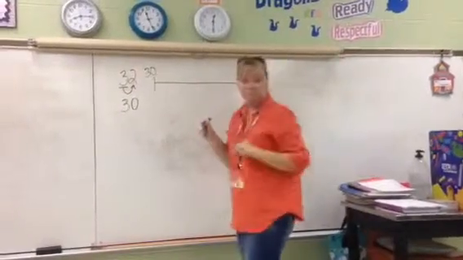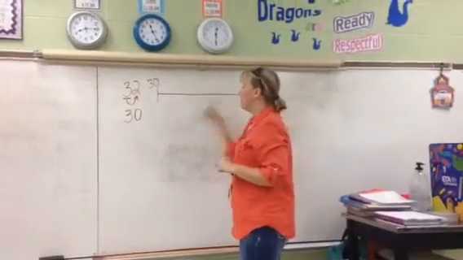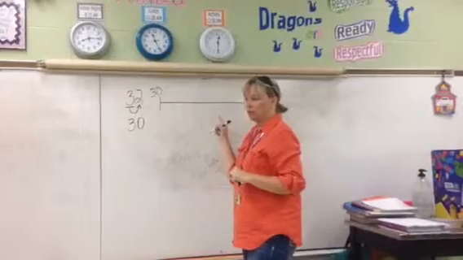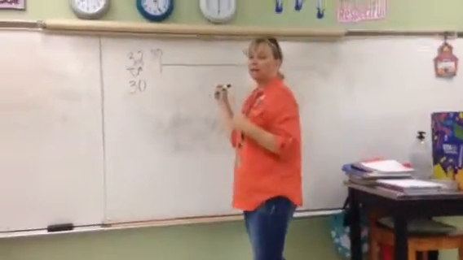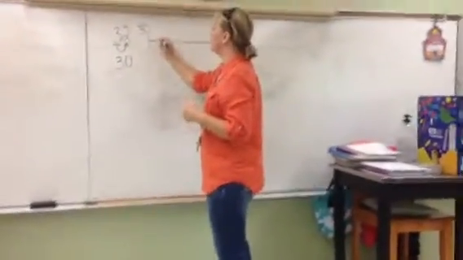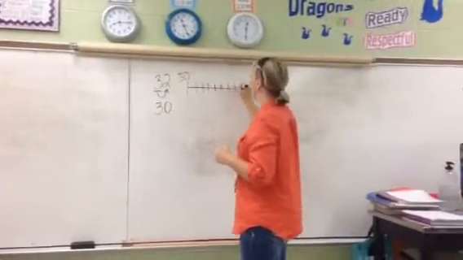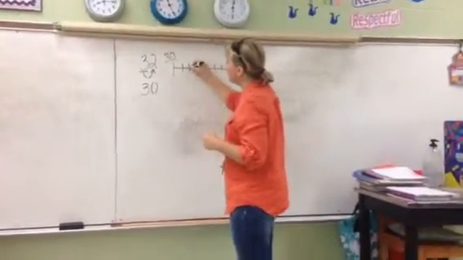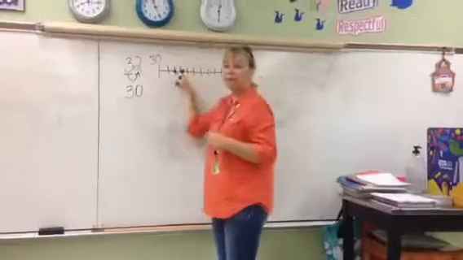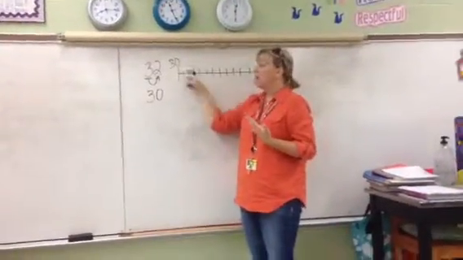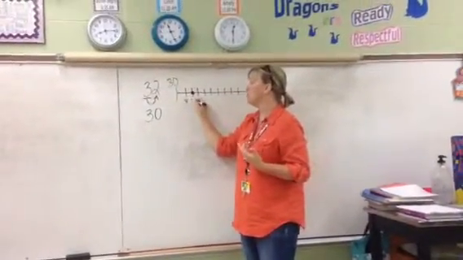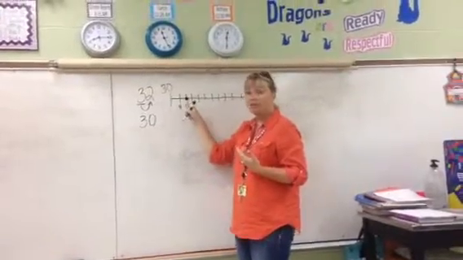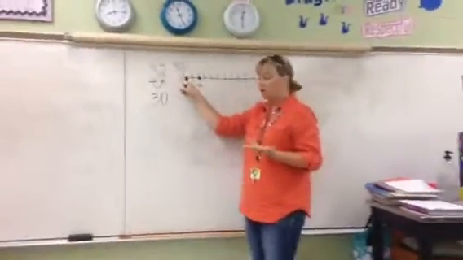How would I mark this on my number line? I would need to go up 2, wouldn't I? So I need to make sure I number it. I would go up 2, look at my dot, and see that this is 31, this is 32, and the number 32 is closer to 30.